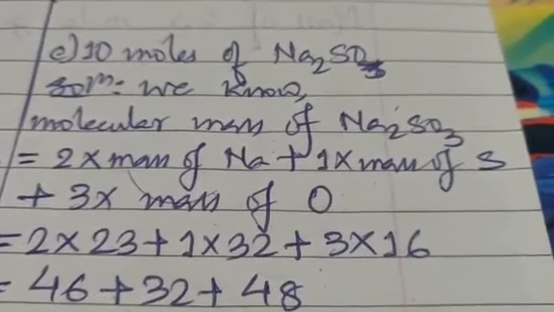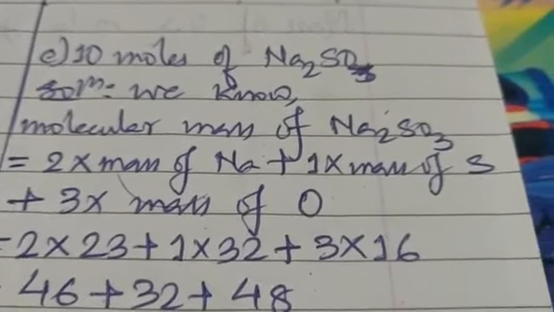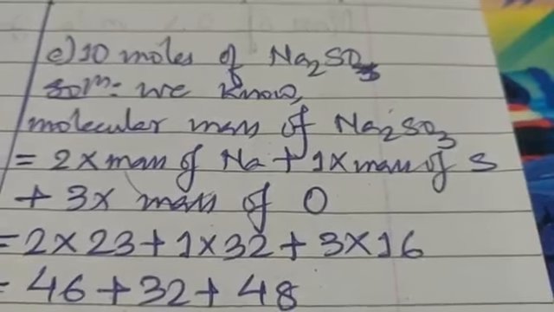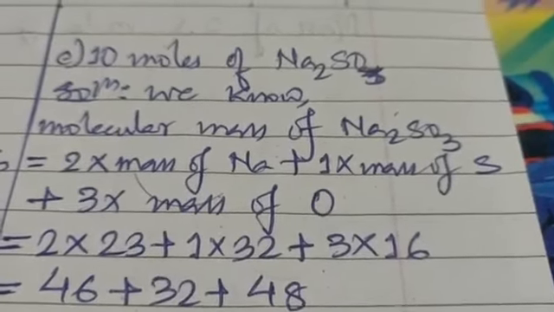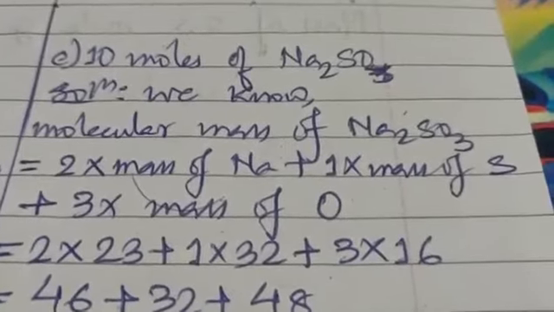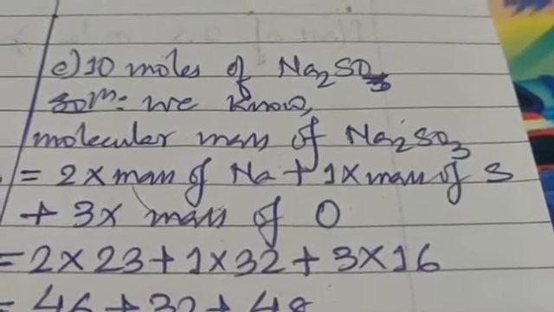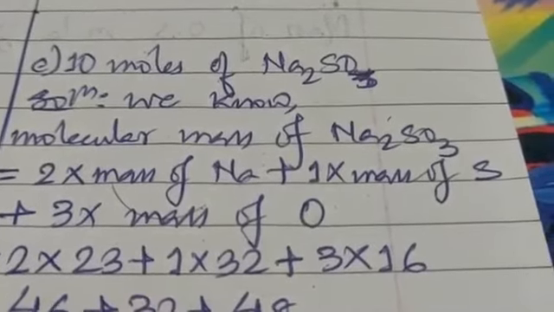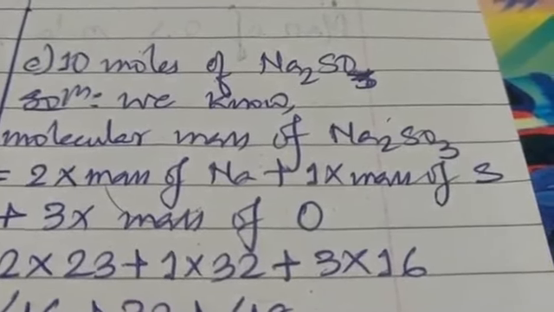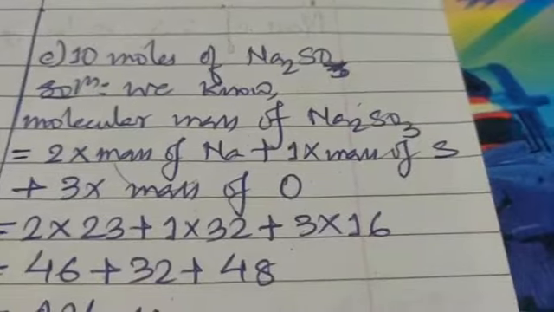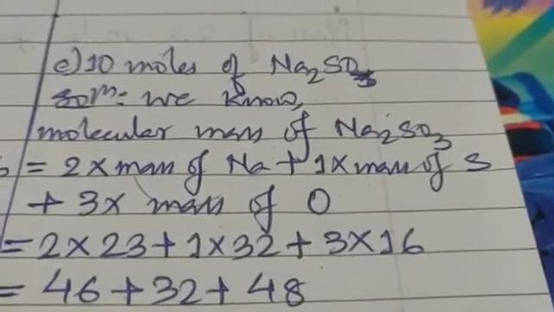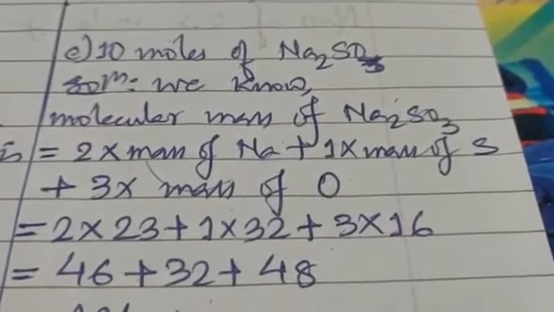Okay, so the molecular mass of Na2SO3, how do we find this? Just like we did earlier. In this formula Na2SO3, how many sodium are there? 2, so 2 into mass of sodium, plus how many sulfur? 1, so 1 into mass of sulfur, S, and plus how many oxygen? 3, so 3 into mass of oxygen.